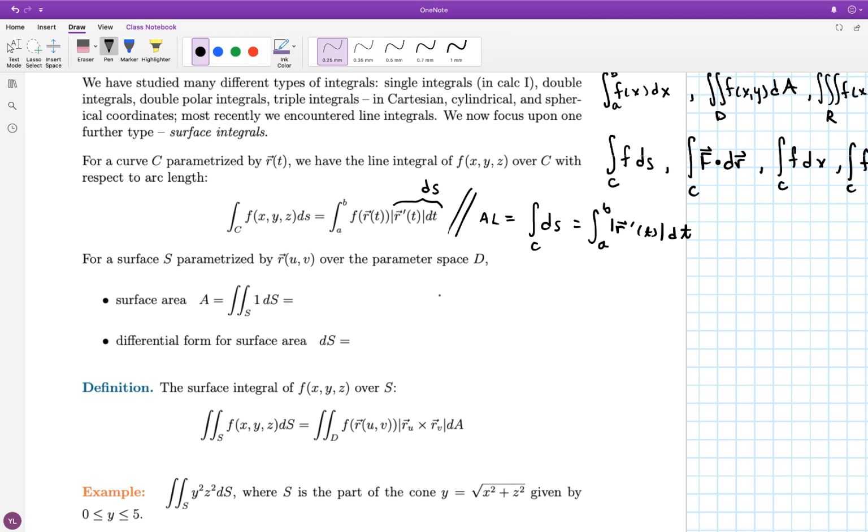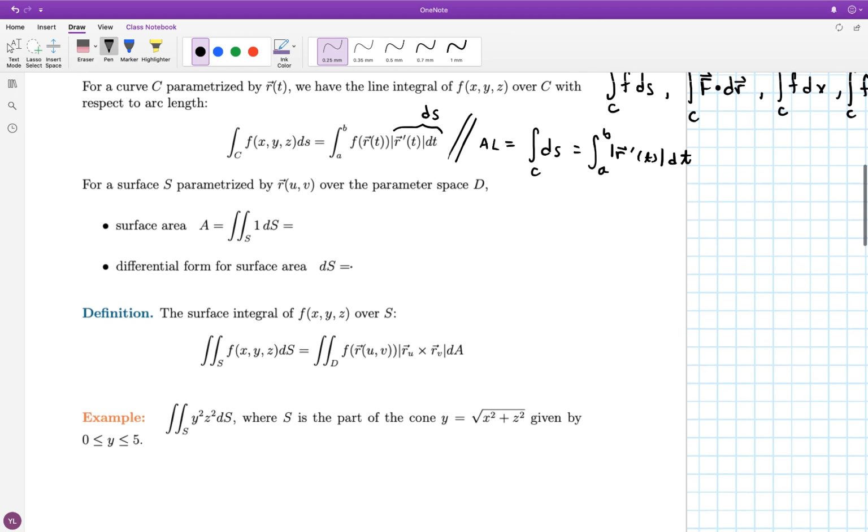Okay, so I want to now move into the higher dimension version of this. We have already seen how to compute surface area of a parametric surface, right? The formula for that looks like this. So if you've got your surface parameterized in the variables u and v over the parameter space D, which is a region in the uv plane, then what you do is you compute this form here, r_u cross r_v, in magnitude.